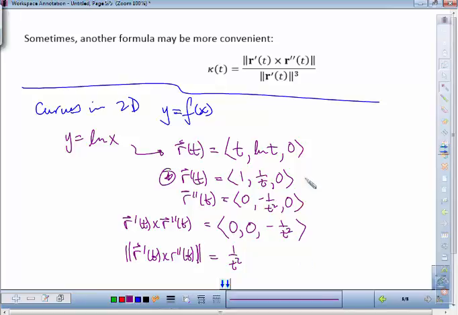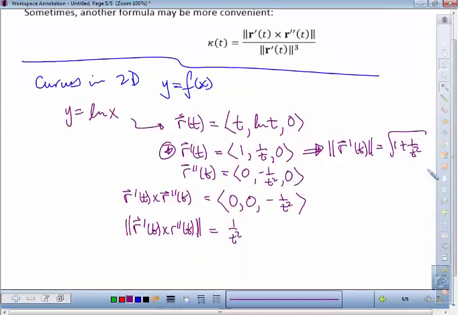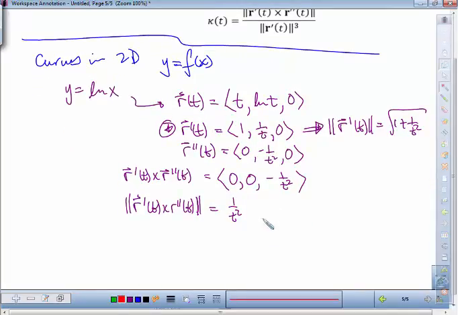And then the magnitude of this is the square root of 1 plus 1 over t squared. So we put those two things together and we should get our formula for kappa.